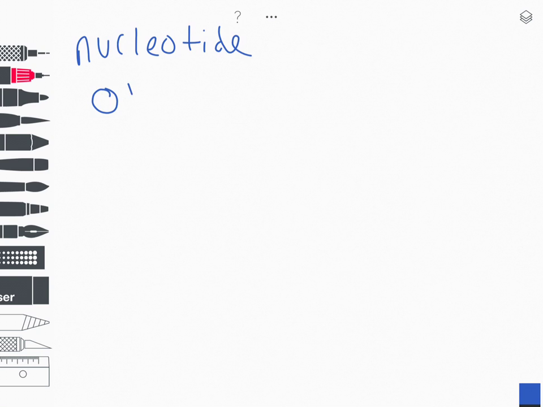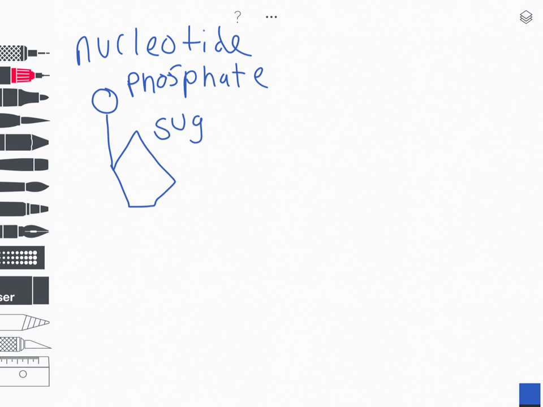It has what we call a phosphate group, attached to a sugar, which in the case of DNA is called deoxyribose, and the sugar is attached to a base.